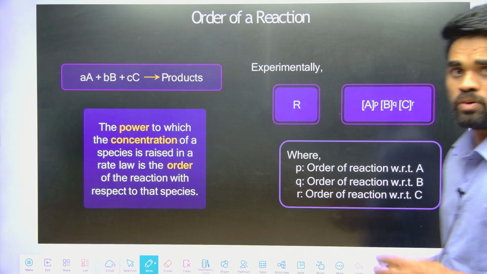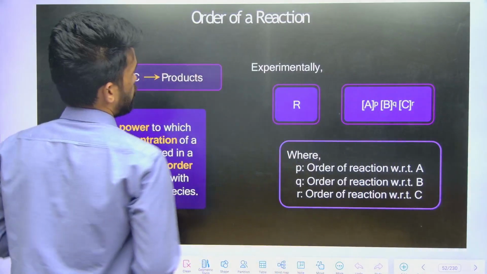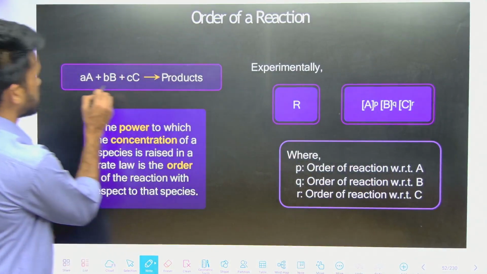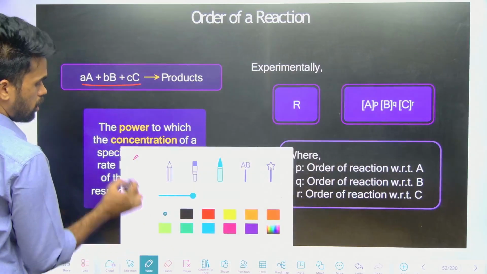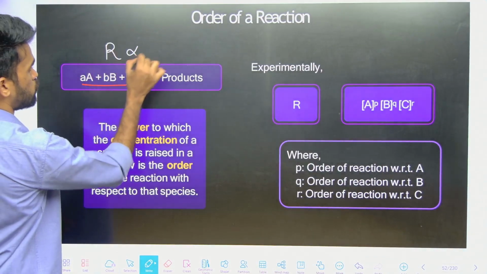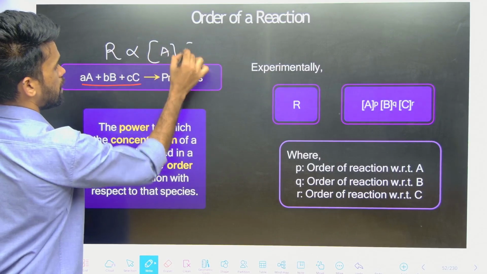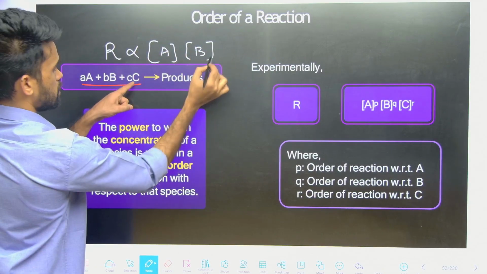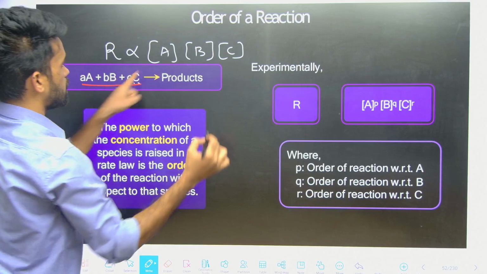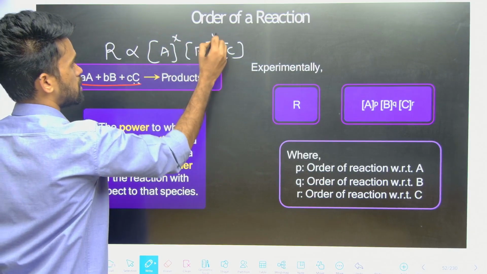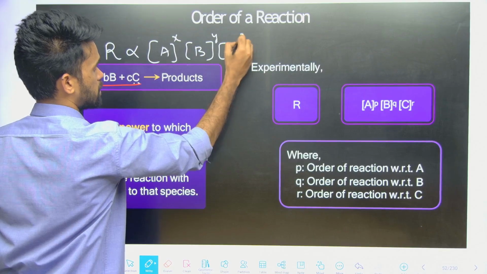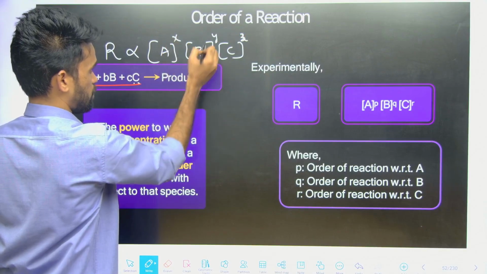Okay, now what I told you about the order of the reaction, whatever the power we are seeing, let us say this is a reaction. So when I say rate law, how you are writing? Rate law: R is proportional to concentration of A and concentration of B and C also there. You can write all the reactants like this. Now for each of the reactants there will be some powers: A power x, B power y, C power z.